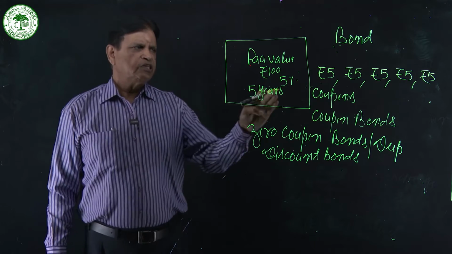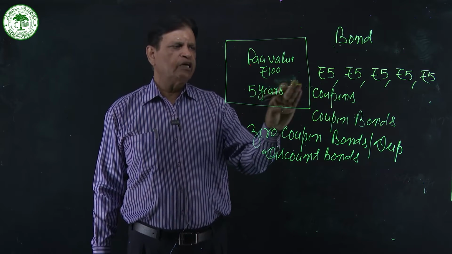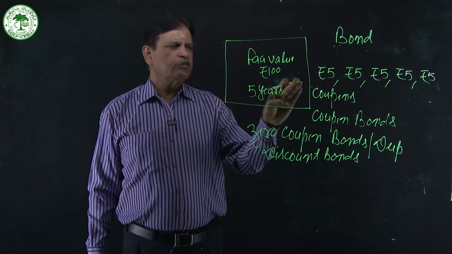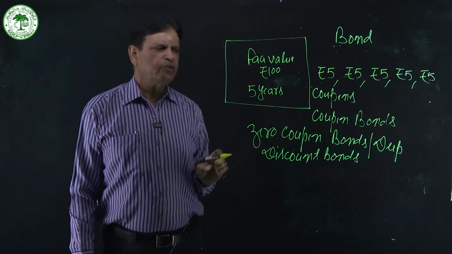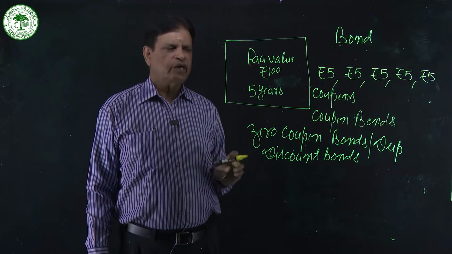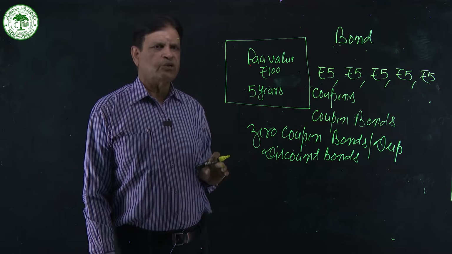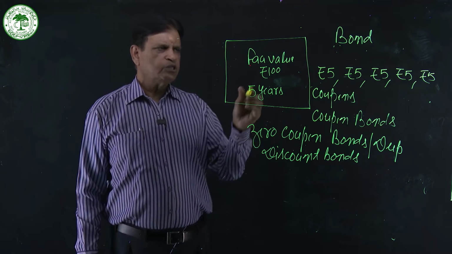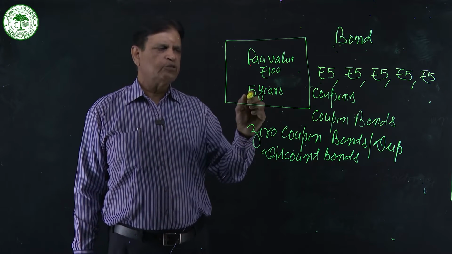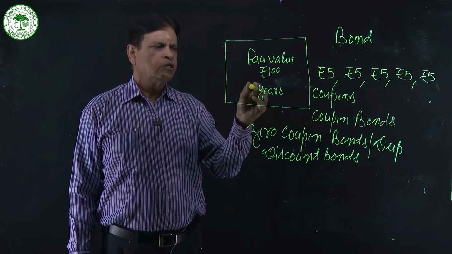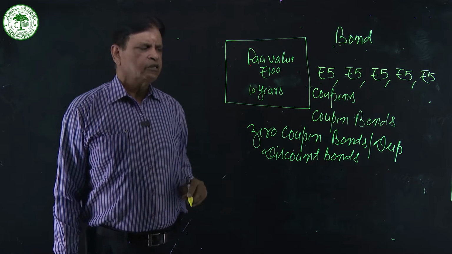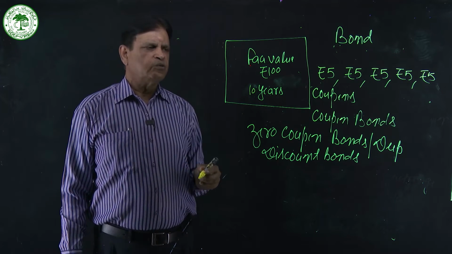For example, since it is a zero coupon bond, the rate of interest on this bond will not be mentioned. Only the face value as well as the maturity period will be mentioned. So this bond of rupees 100 whose maturity period is, suppose, 10 years, will be sold at a discount.